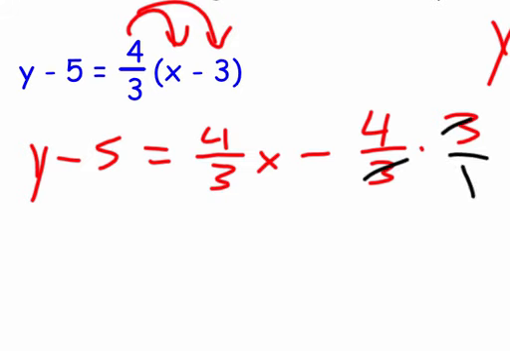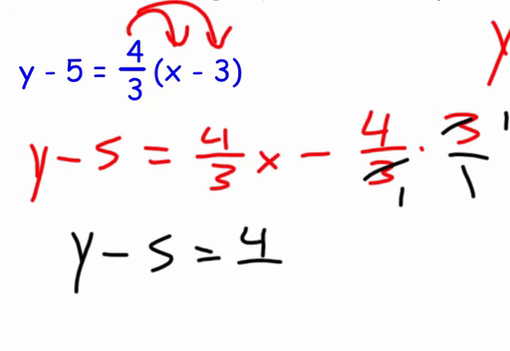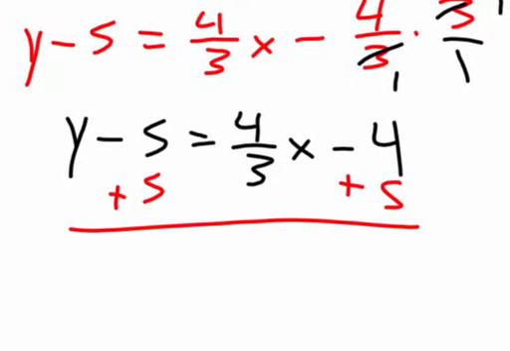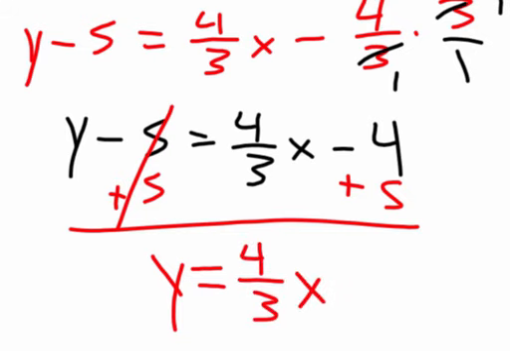And my 3's cross cancel. And so that becomes just 4, right? 4 times 1 over 1, which is just 4. So minus 4. And then we get our y by itself. That's our slope-intercept form. So we've got to add 5 to both sides. And that's gone. So we're left with y equals 4/3 x plus 1.